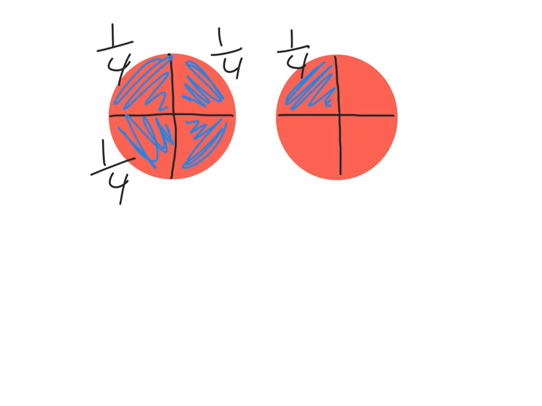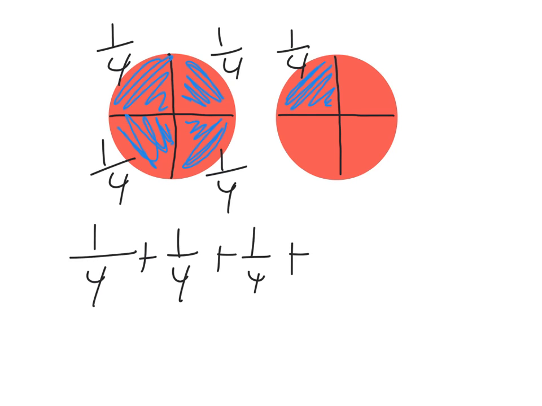So we put those together. Oops, forgot 1/4. We put those together in a chain. We have 1/4 plus 1/4 plus 1/4 plus 1/4 plus 1/4. That is the chain of the shaded parts. Well, that equals 5/4. There are 5/4 of these circles shaded.